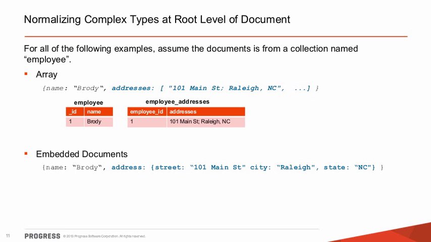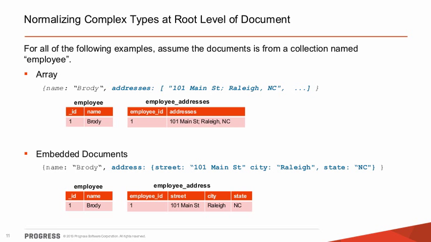And likewise, documents within documents, embedded documents, maybe in some cases it's appropriate and acceptable to flatten those. And we're not saying that flattening isn't sometimes a reasonable option. I think what we're saying is that it is insufficient.